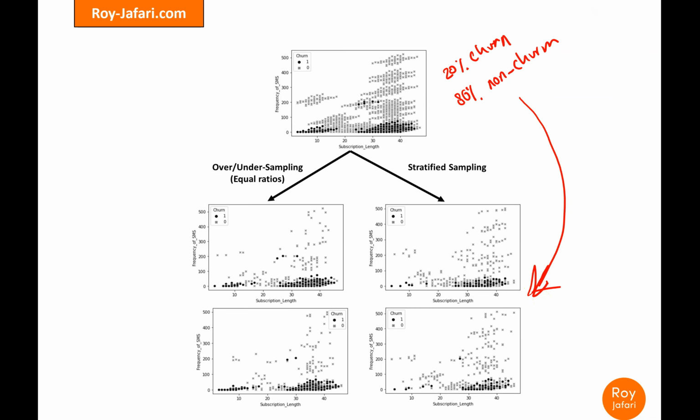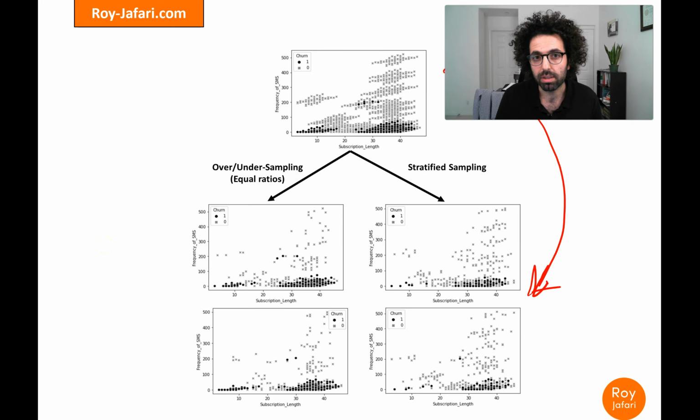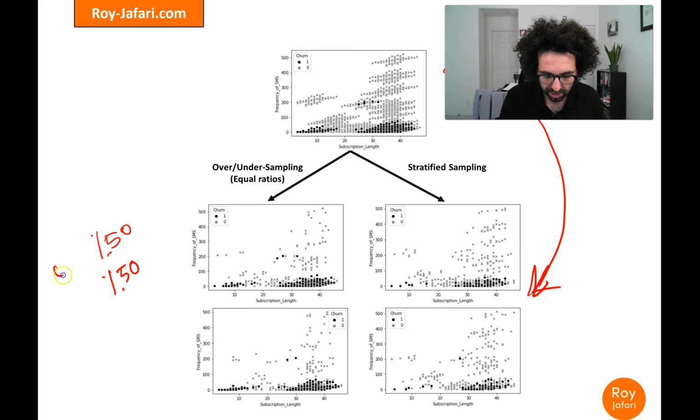But due to some analytical goals, which most of the time is because we want our classification algorithms to have the same chance of learning from churn cases or non-churn cases, for the cases that are less frequent, we say, okay, I want to randomly take a sample, but at the same time I want to make sure that my sample is a 50% representation for churn and non-churn.